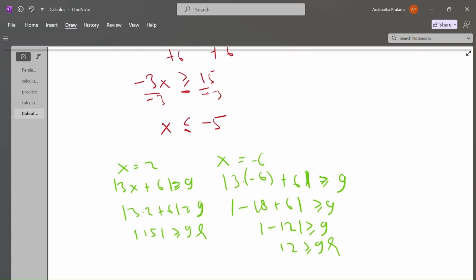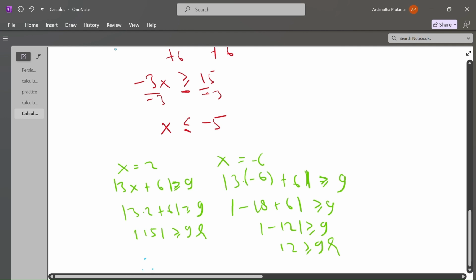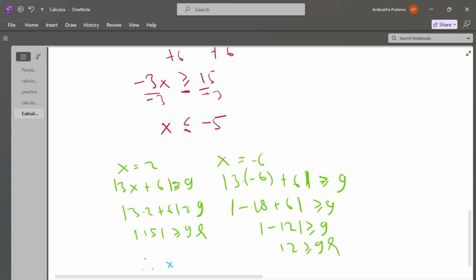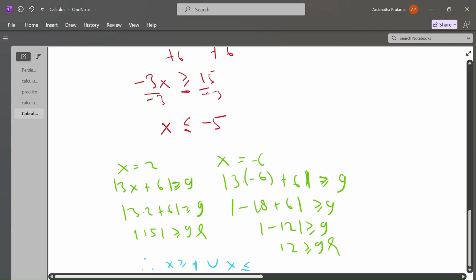And now we have the conclusion that x is going to be greater than or equal to 1, and x is going to be less than or equal to minus 5.